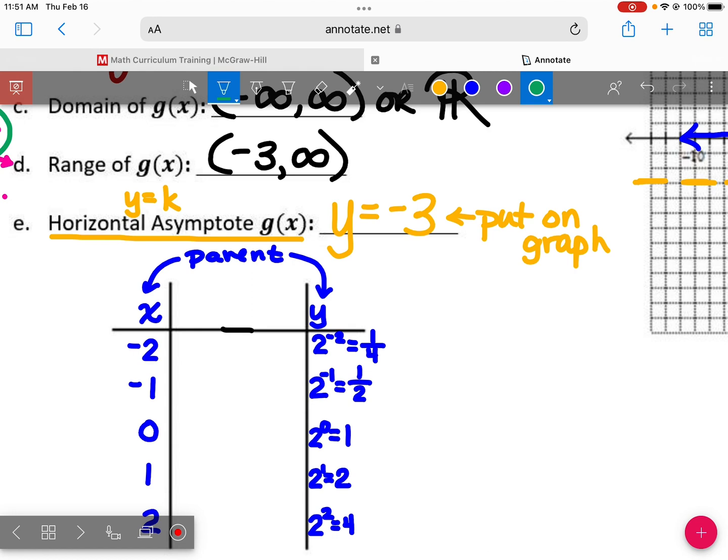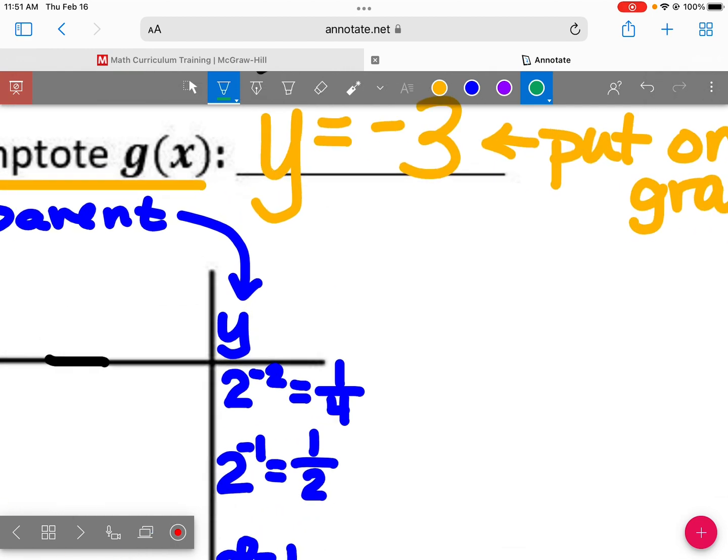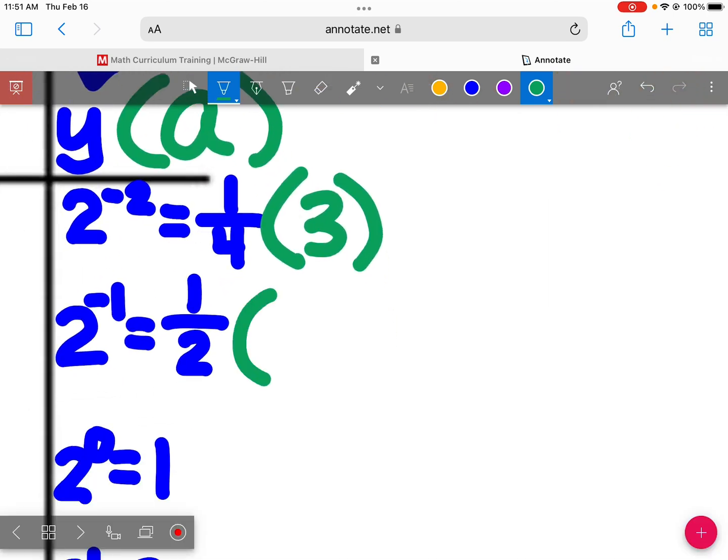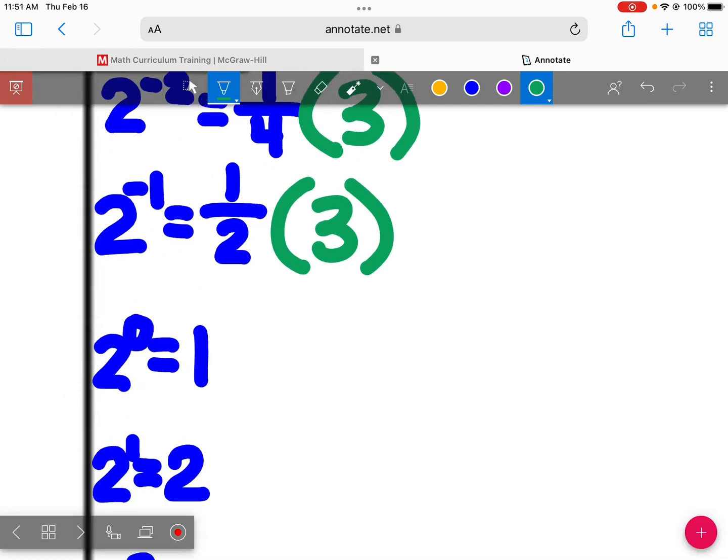To get this transformed function, my a value, the thing that's going to do the stretch, we always multiply that to whatever our y's are. So we're going to multiply each of these by our y value of 3. Can you give me a calculator, please?